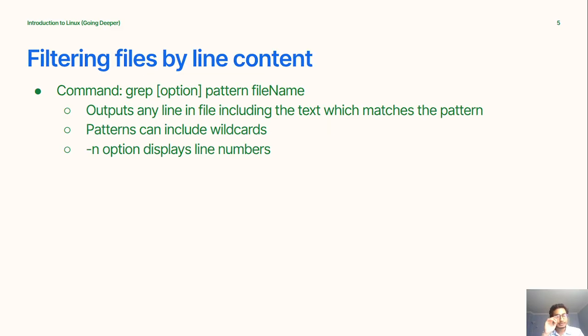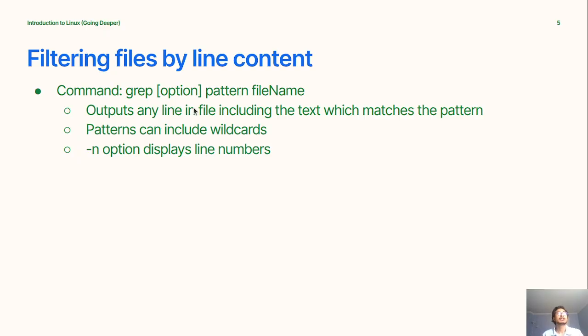So filtering files by line content. For this we have a command called grep, and we can give some options, the pattern and the file name. It outputs any line in the file including the text which matches the pattern.